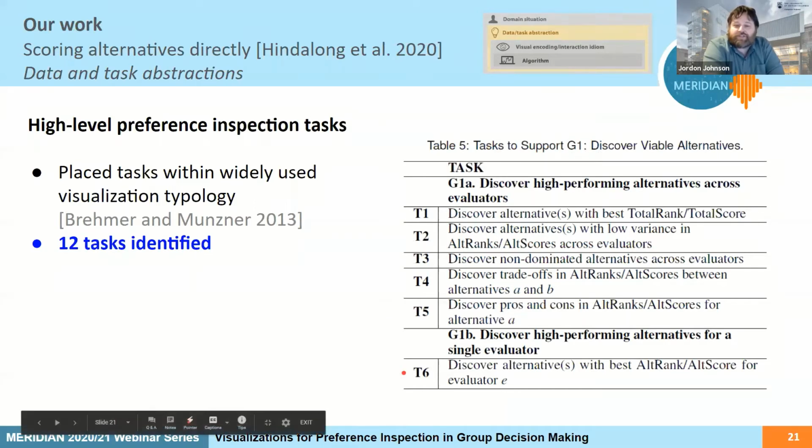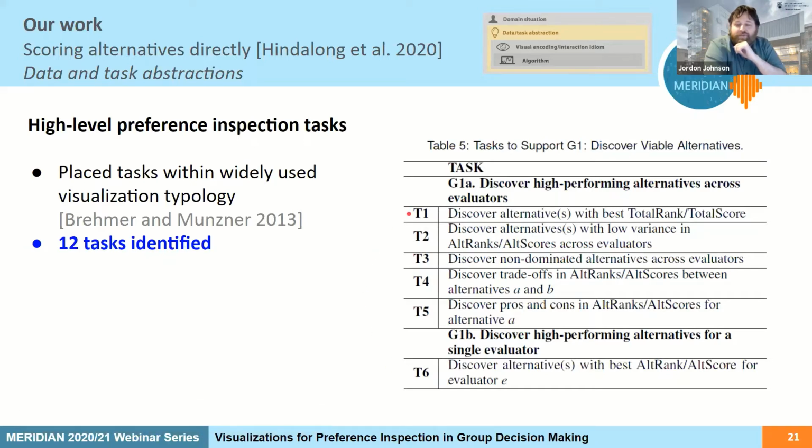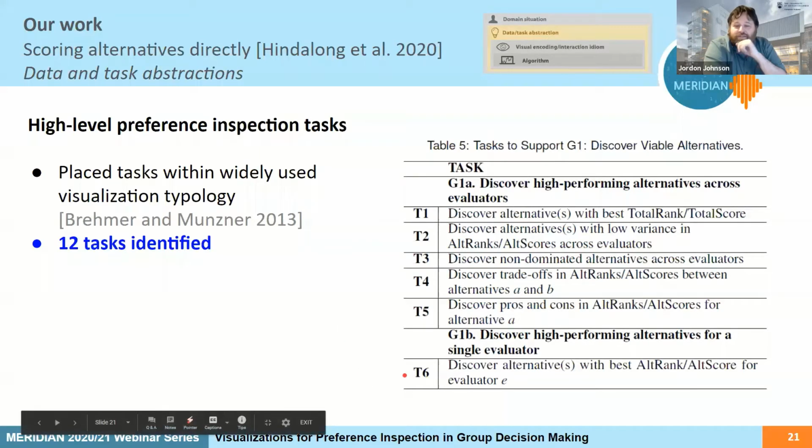And then this one is interesting in that we're back to discovering alternatives with the highest score, but this time it's the highest alternative score for one evaluator. This task is actually quite similar to our first task, with the only difference being that here we're aggregating over all evaluators, whereas down here, it's simply a matter of finding the best score for one evaluator.